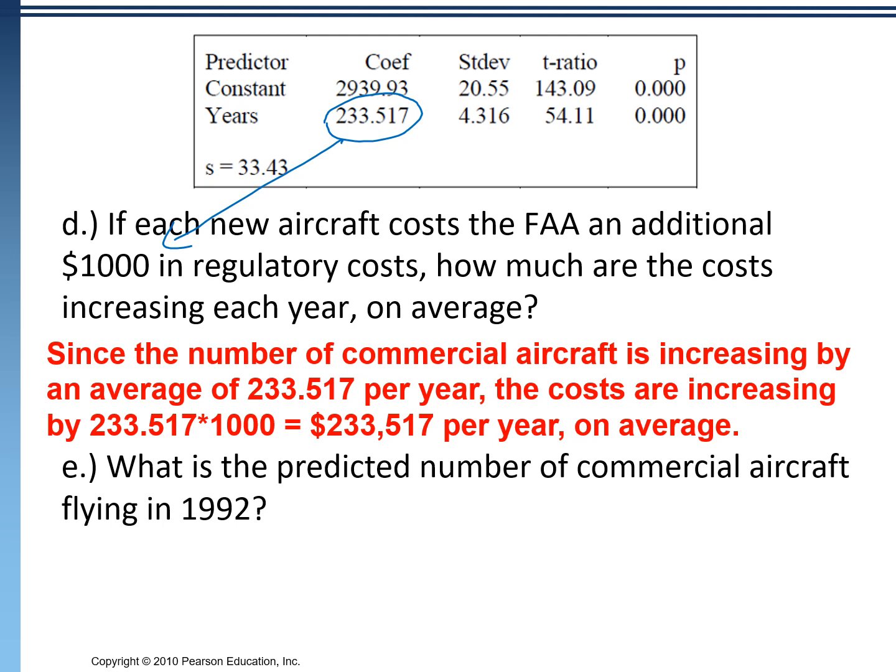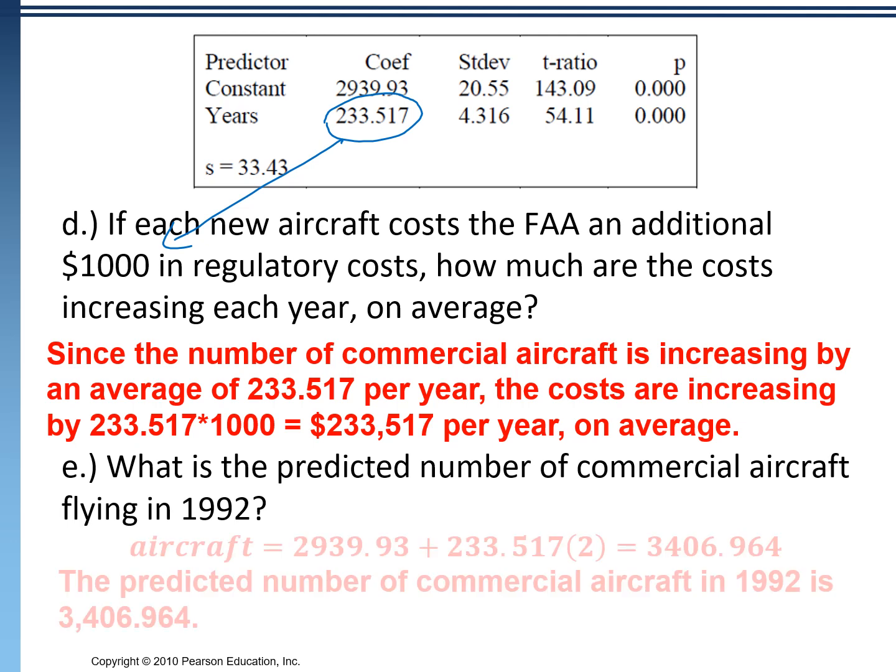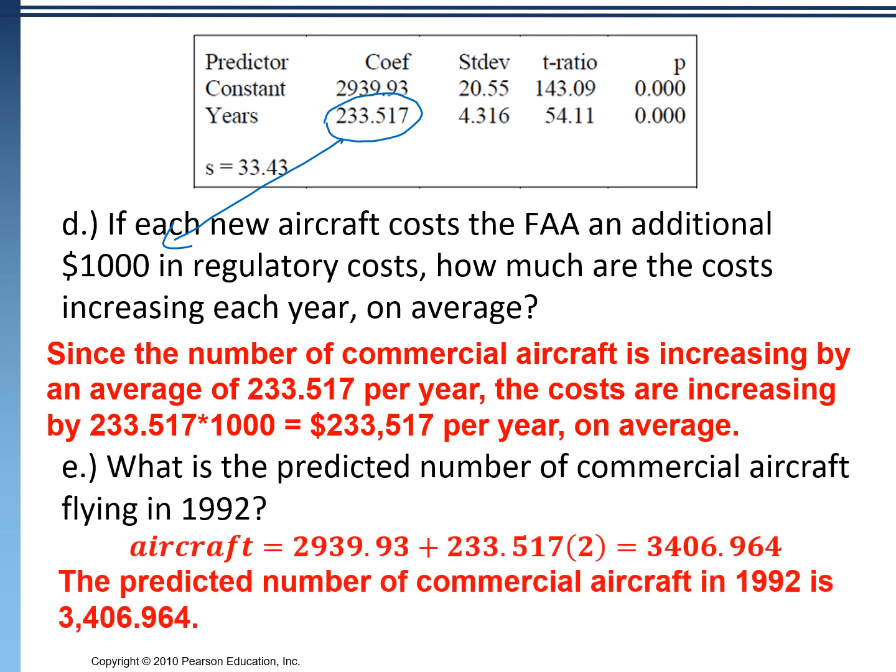Part E, what's the predicted number of commercial aircraft flying in 1992? For this one, we're going to write the equation of the line. So the equation of the line, we're predicting the aircraft. This should have a hat on it, which I forgot there. All predicted values should always have a hat to note that they're not actual values. The year actually is a real value.